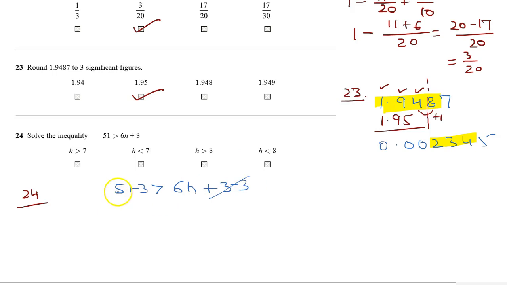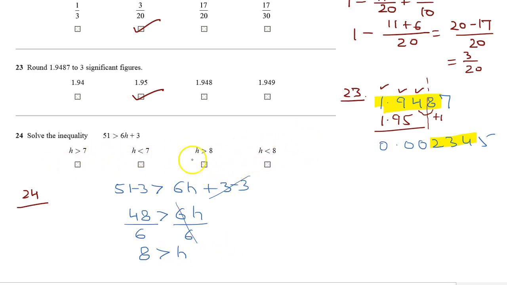So this cancels. 51 minus 3 is 48, which is greater than 6h. Divide both by 6. This cancels. So that is 8 greater than h.